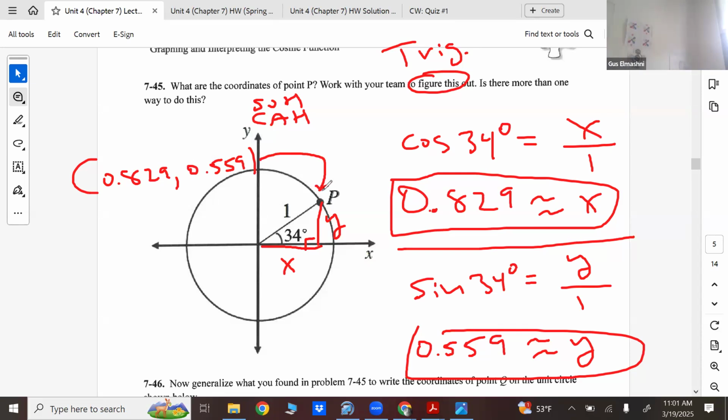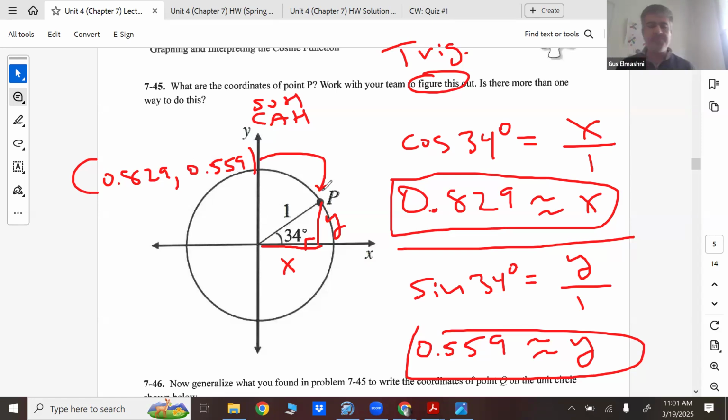Why are those the coordinates? Because how far did I run along the horizontal axis? About 0.8. And how far did I run up? About 0.5.